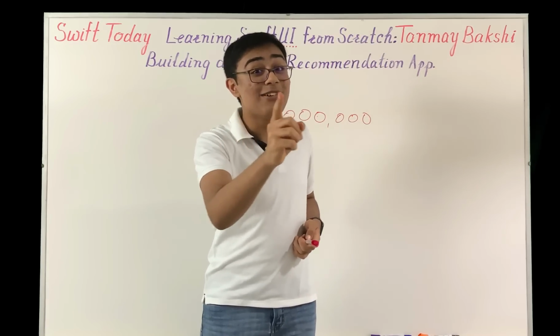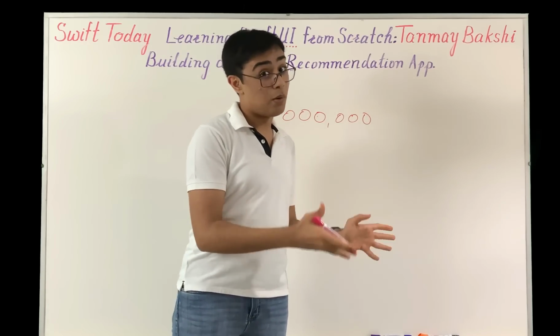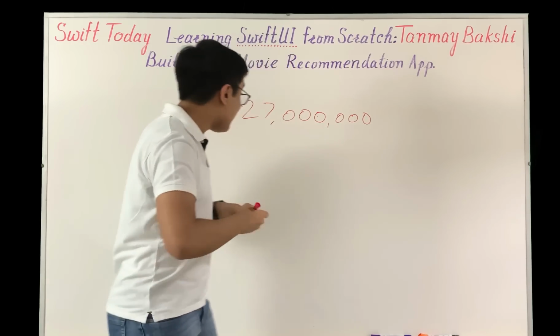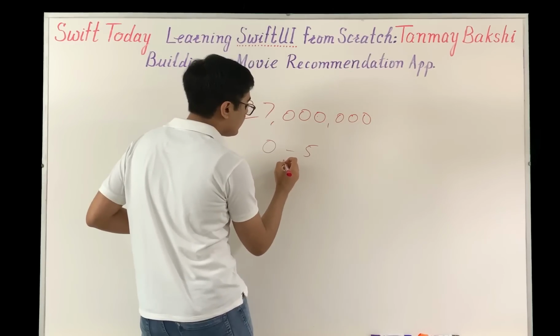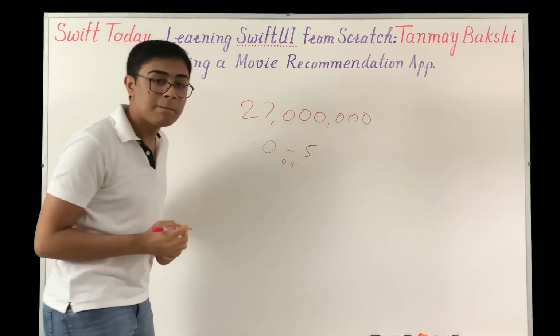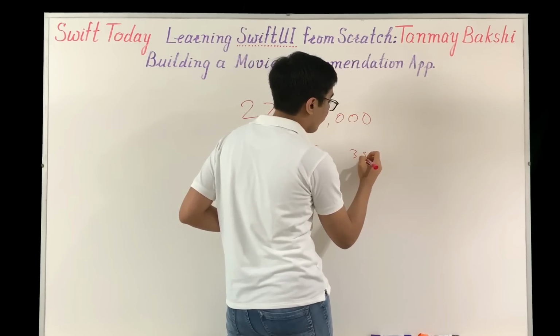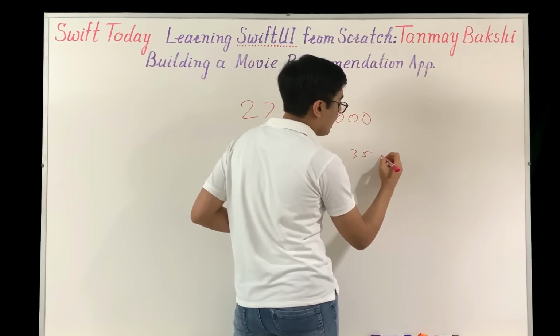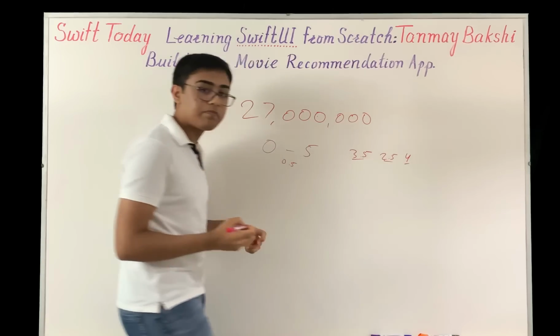And I've also got information about users, which movies they watched, and on a scale of 0 to 5 in 0.5 increments, how much they rated. So for example, you could have a 3.5 rating, you could have a 2.5 rating, you could have a 4-star rating, these sorts of ratings.